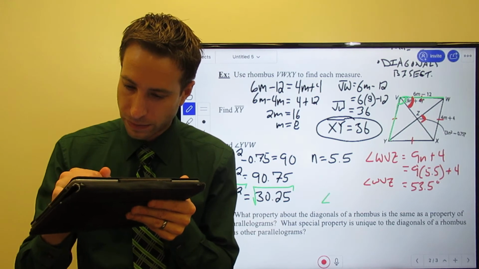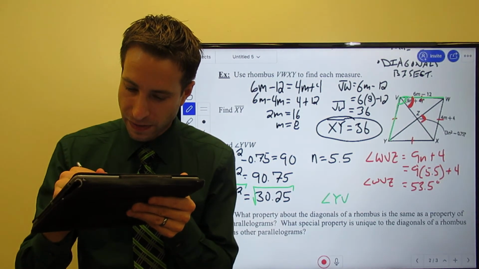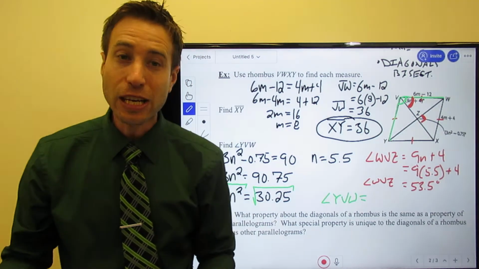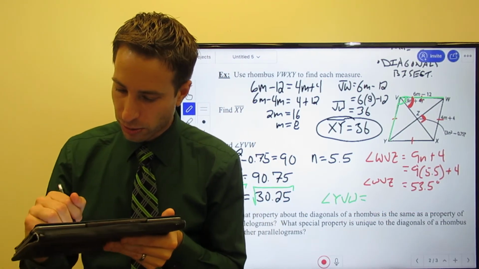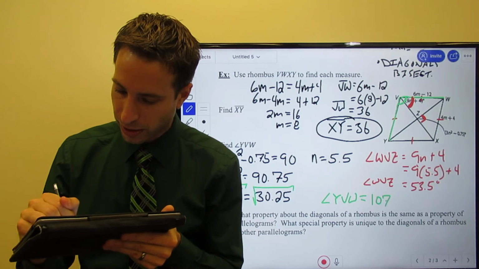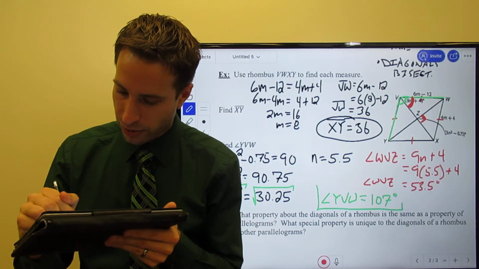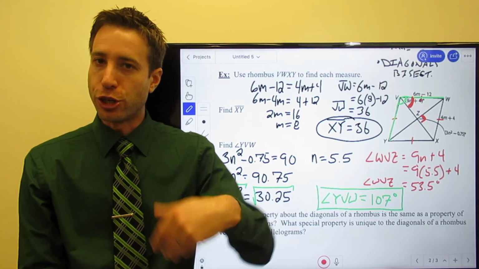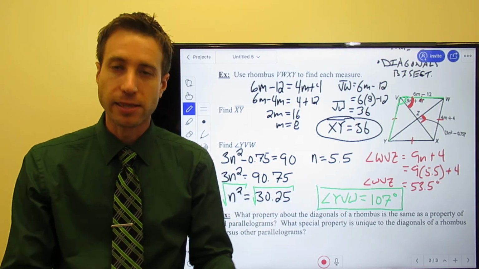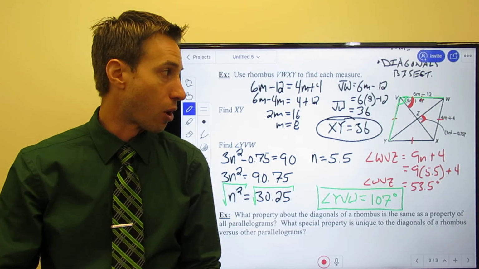So, angle YVW is equal to 53.5 multiplied by 2. Don't fat finger something on your calculator, and you wind up with 107 degrees. All right, so once again, using those properties of rhombuses to go ahead and solve some problems, right?